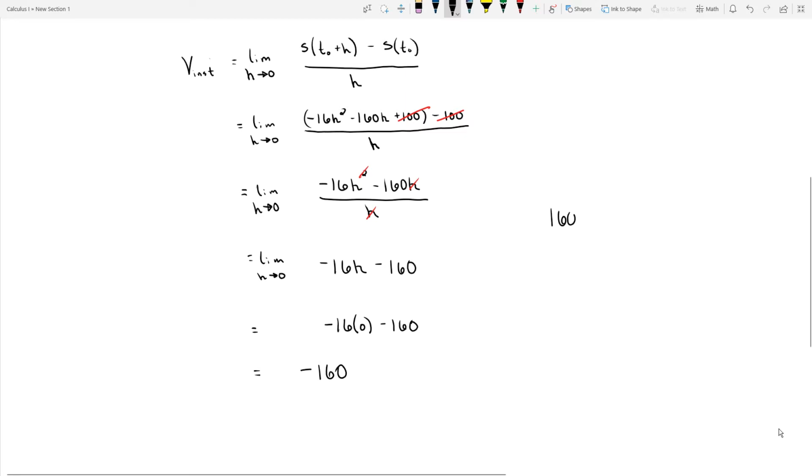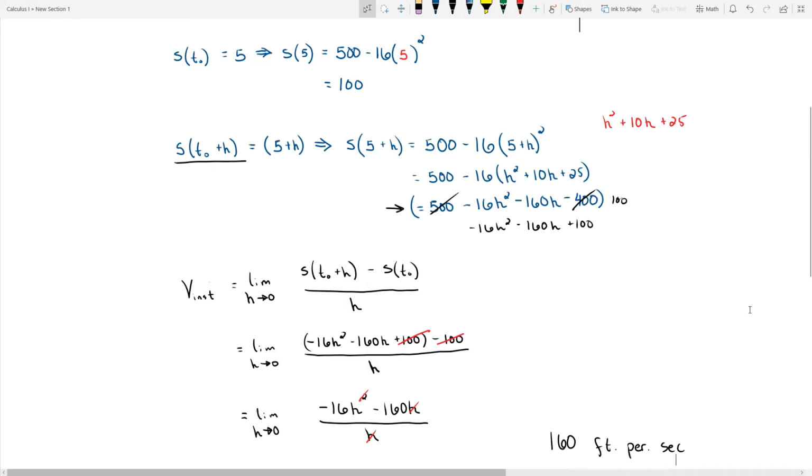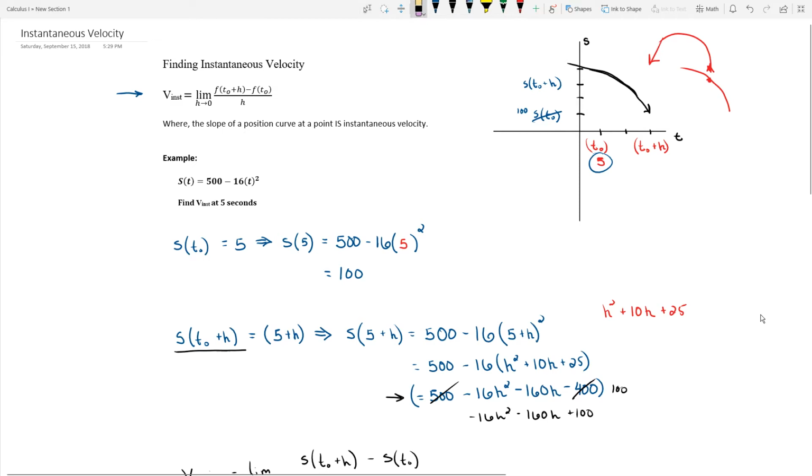It could be 160 feet per second, such that, as we saw above, I created that negative slope such that an object is really falling at 160 feet, let's say, per second. And of course, this tells us that it's falling and not a positive trajectory. So I hope that helps, and thanks for watching.